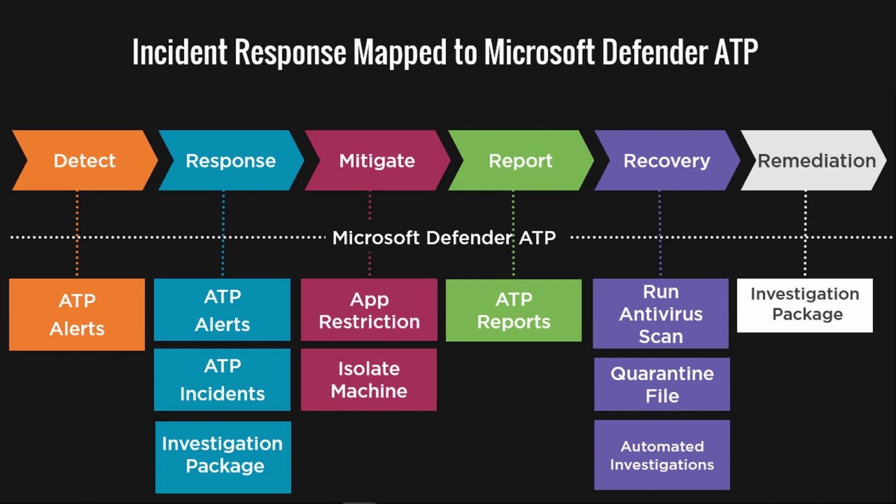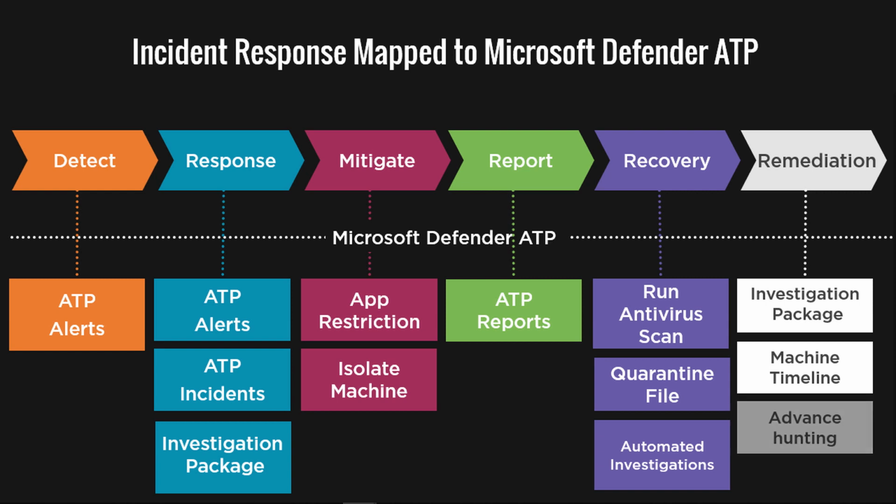You can also use the machine timeline feature in the Microsoft Defender ATP management portal to reproduce all events that happened on that machine during the attack, and you can even go back in time and see what happened on that machine. This includes learning about what each process is doing, what network connections were opened, and by which executables.